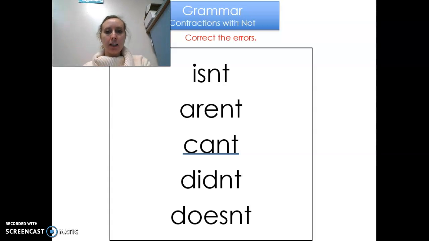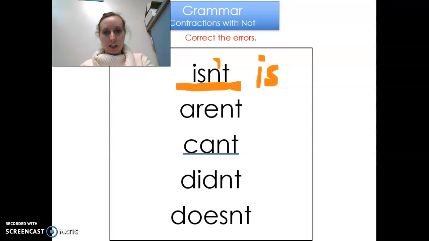Right now we're looking at our contractions, and we have a big mistake with each of them. So this is isn't. Do you see the mistake? I do. It needs an apostrophe, right? So it should be isn't. Okay. Do you see where we're missing the apostrophe there?